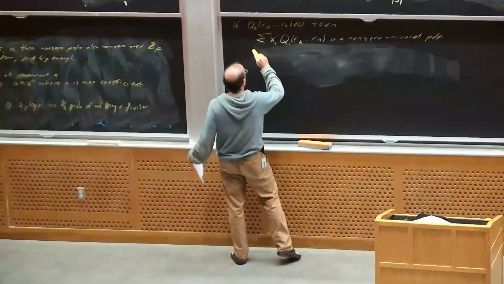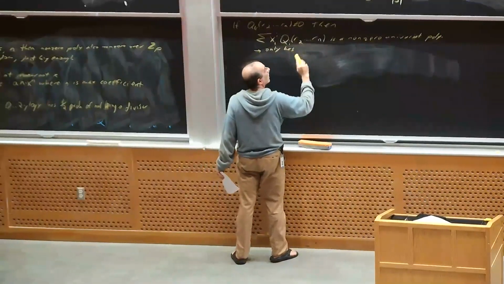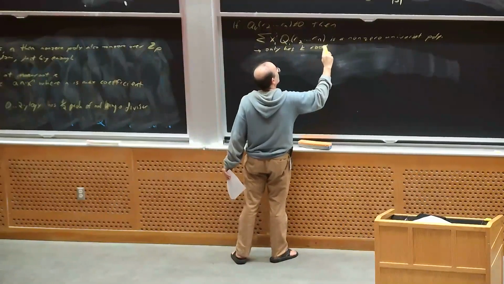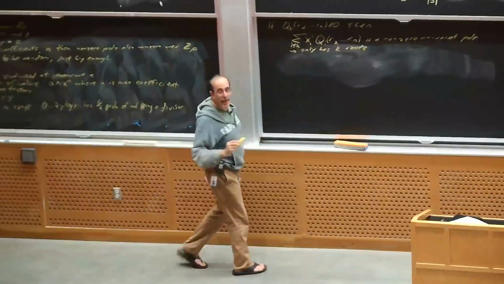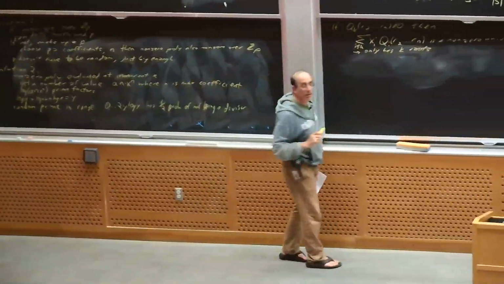That means that it only has k roots, right? Because we assumed that k was the largest degree on x1.